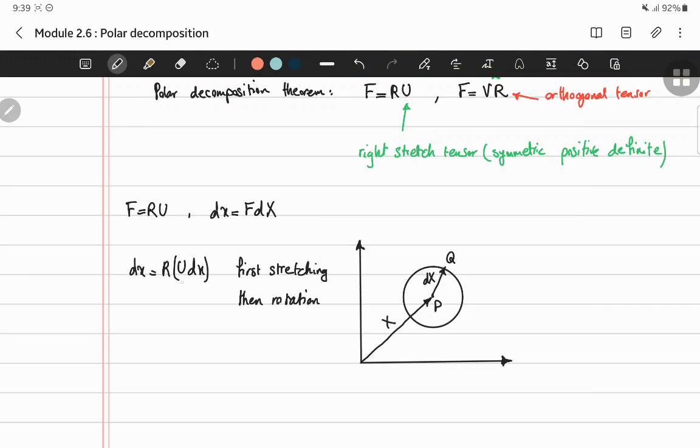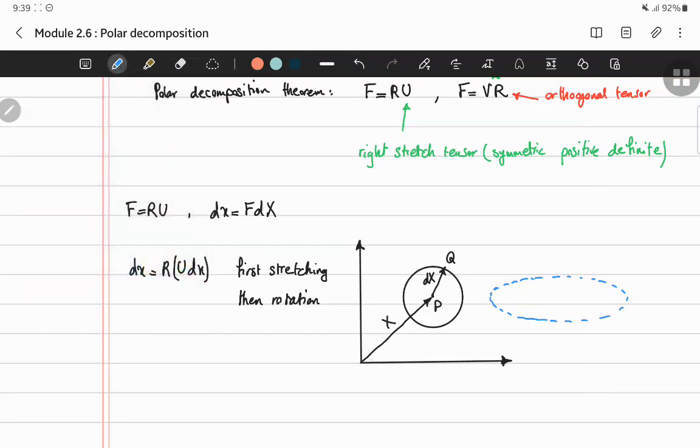So first I have stretching. Therefore, in my deformed configuration, I first have stretching, for example, like this.